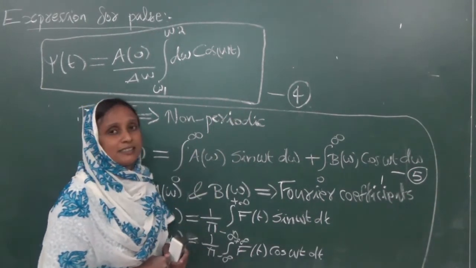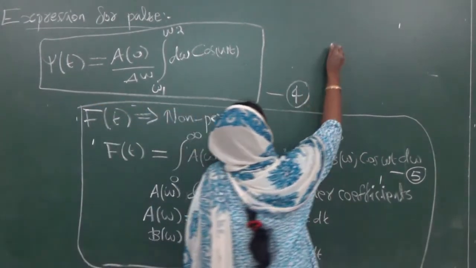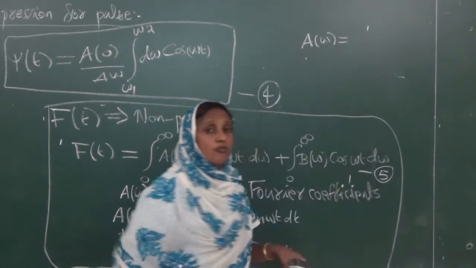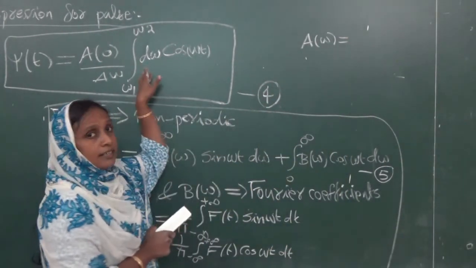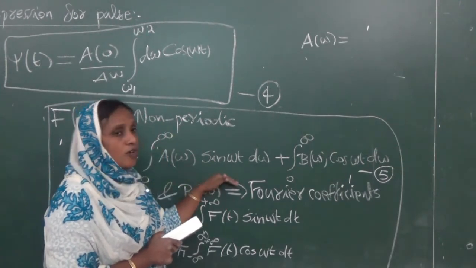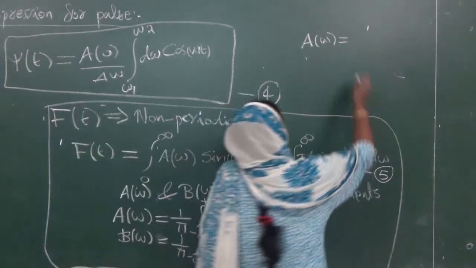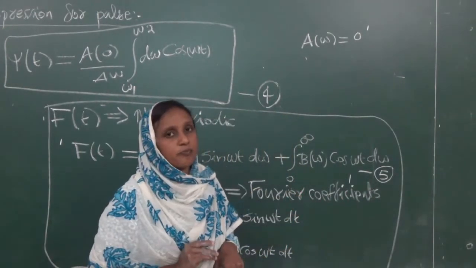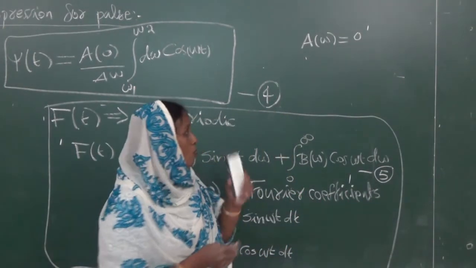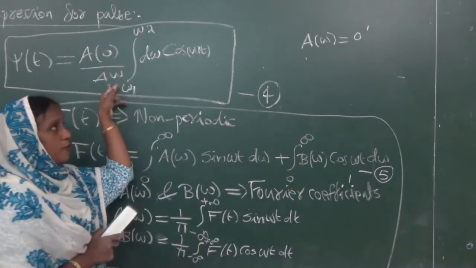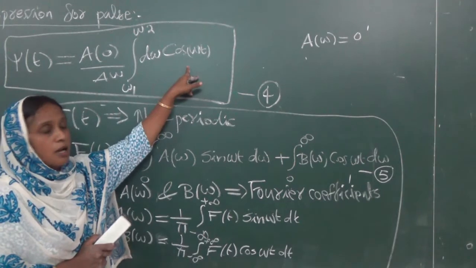From the comparison, what is A of omega in this context? Here there is no sine integral, no integration over sine. So, A of omega equals 0 for all frequencies, right? Now, what about B of omega? Yes, there is B of omega because of the cosine series.